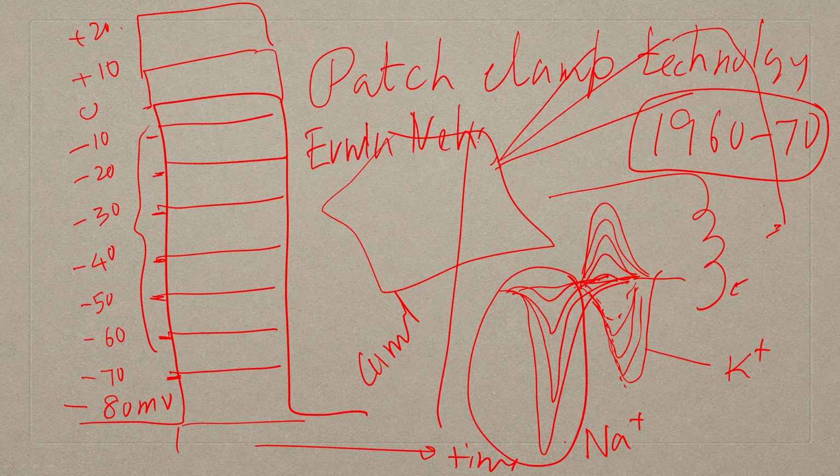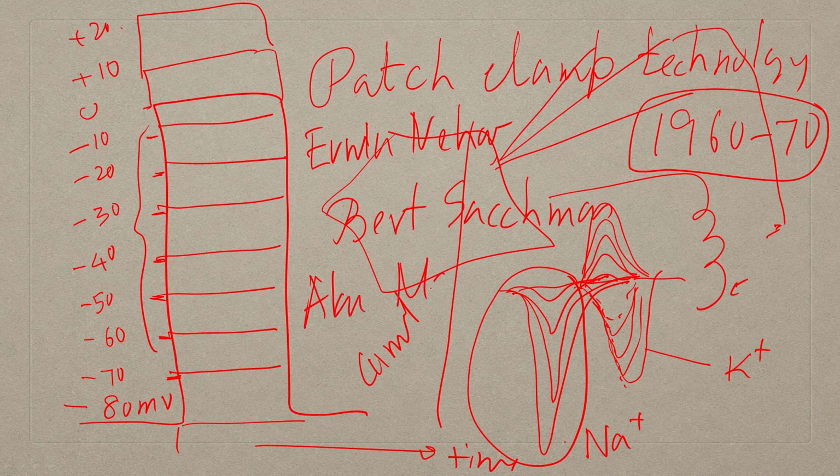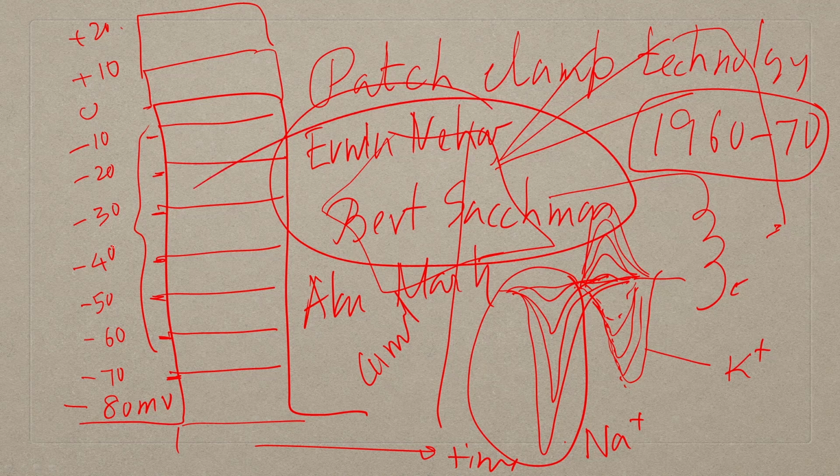Erwin Neher, Bert Sakmann, Alan Marty. There are other people who were involved in it. Neher and Sakmann won the Nobel Prize for this work, discovering patch clamp, which is an improvisation and gives fantastic recording of voltage clamp. Prior to that, it was all current clamp, where we were seeing the change in the voltage.